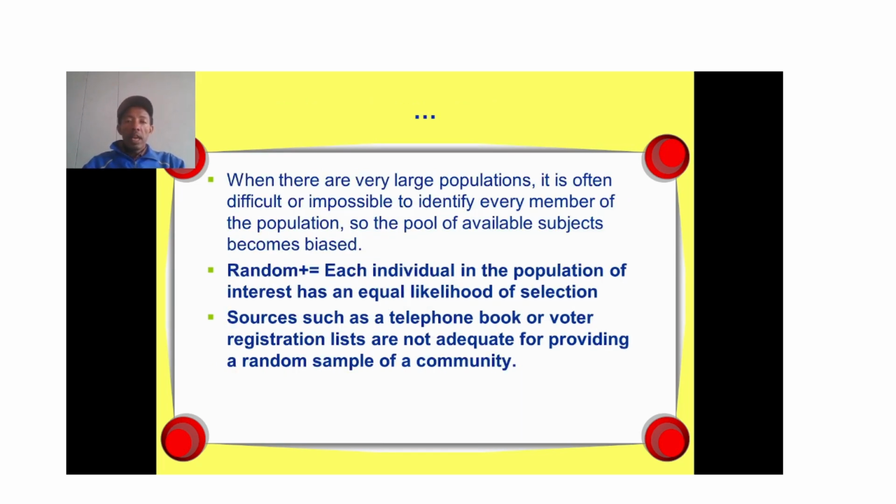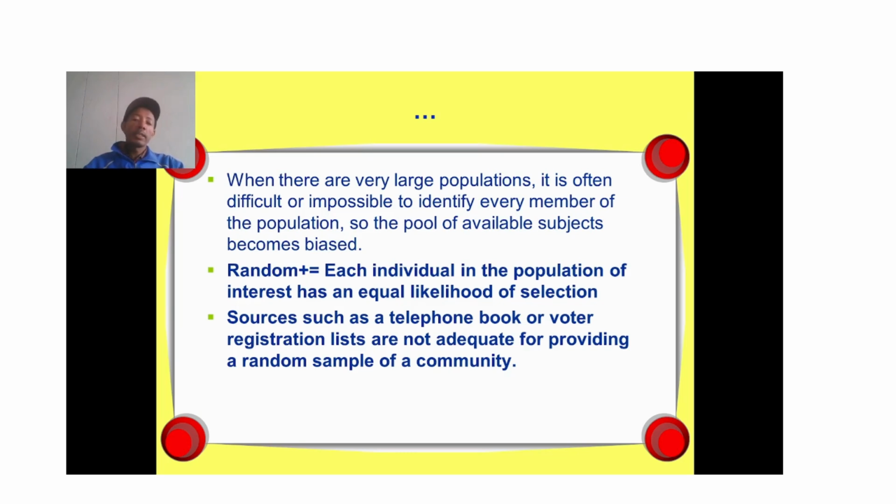When there are very large populations, it is often difficult or impossible to identify each member of the population, so the pool of available subjects becomes biased. Random sampling means that each individual in the population of interest has an equal chance of selection.